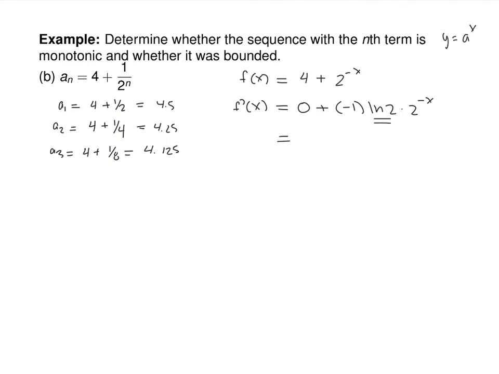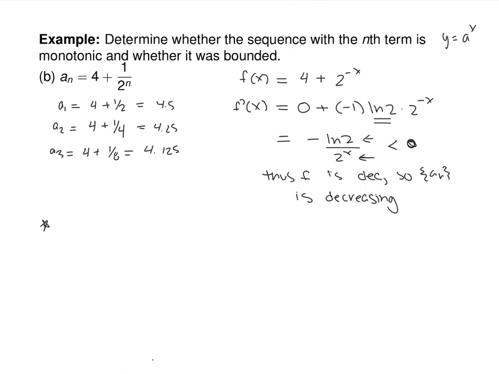And so that's the same thing as negative natural log 2 over 2 to the x. Well, that denominator is always positive for positive x's and actually any x. The numerator is negative. This thing is less than 0. And so thus f is decreasing. So the a sub n sequence is also decreasing.